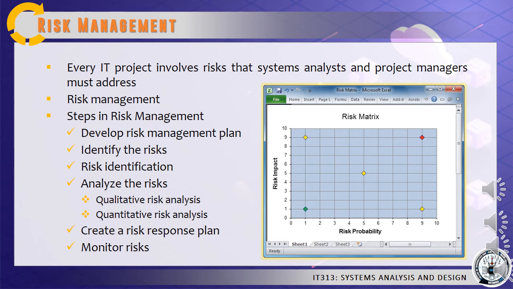Then the last one is to monitor the risk. This activity is ongoing throughout the risk management process. It is important to conduct a continuous tracking process that can identify new risks, notice changes in existing risks, and update any other areas of the risk management plan.